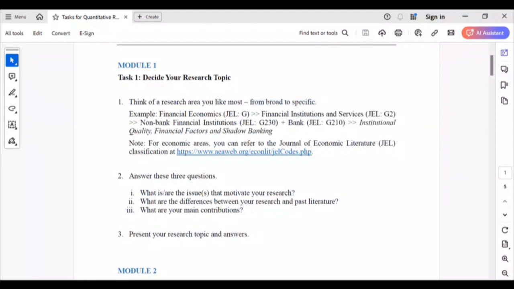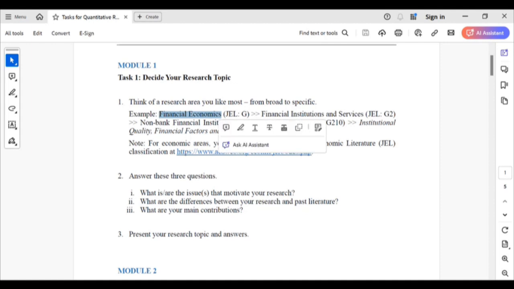If you do economics, you can go to the Journal of Economic Literature. You can see there are broad categories, like G for financial economics, and then G2, G21, G22, G23, like that. For the general term, let's say you want to do something on financial economics or finance, right?